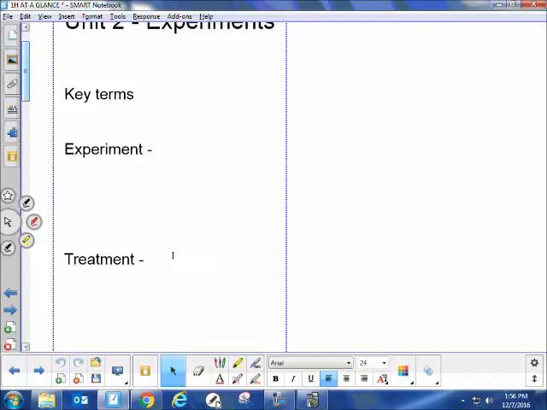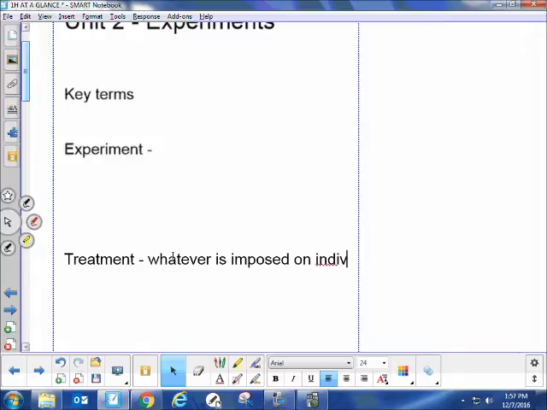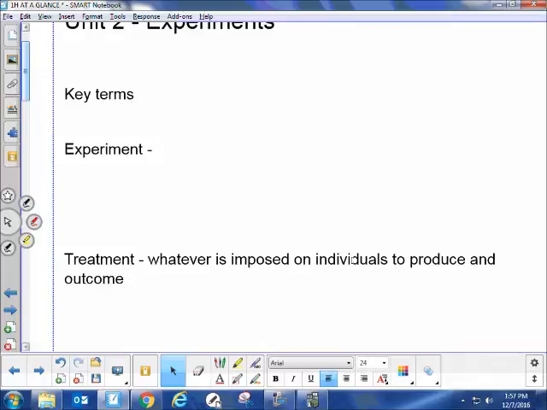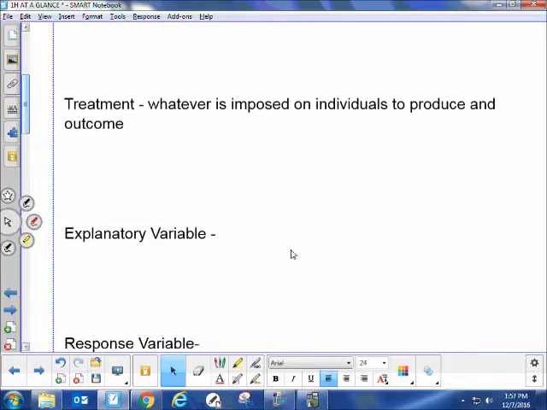Treatment is whatever you are doing to the group to produce an outcome. Whatever is imposed on individuals to produce an outcome.